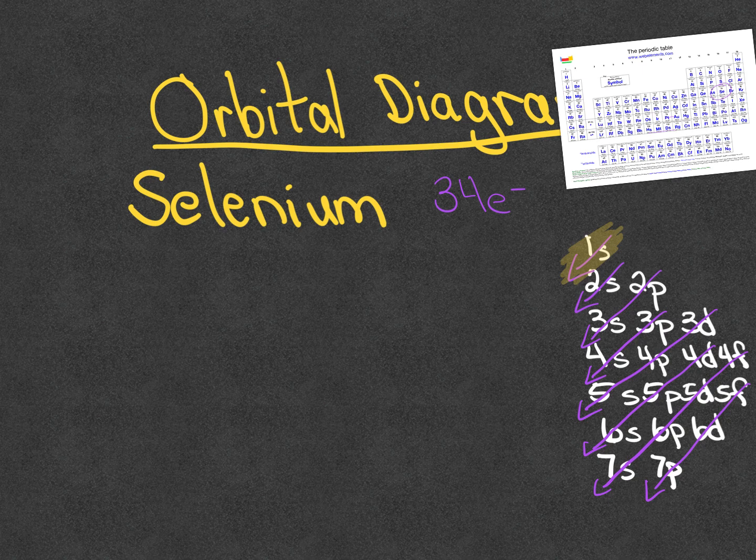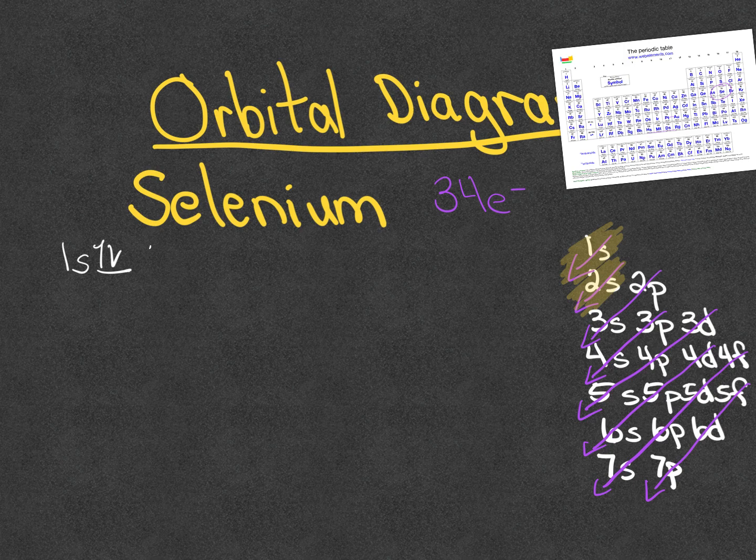So we put 1s, 1 orbital, because the s has 1 orbital, and we're going to fill it up, 2 electrons. And then I look over at the arrows again to tell me where I need to go next, and it's 2s.